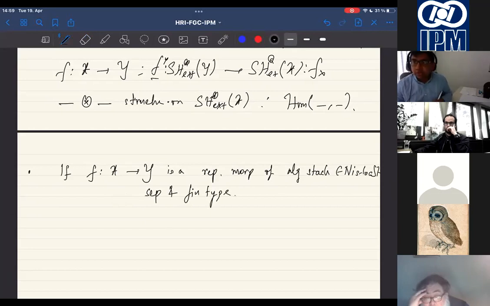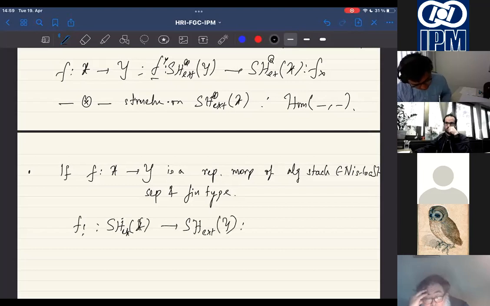So between representable morphisms, you can define what it means to be separated and of finite type. And for those, we have these f lower shriek functors from SHE of X to SHE of Y, and we have the upper shriek functors. We have them only for representable morphisms.